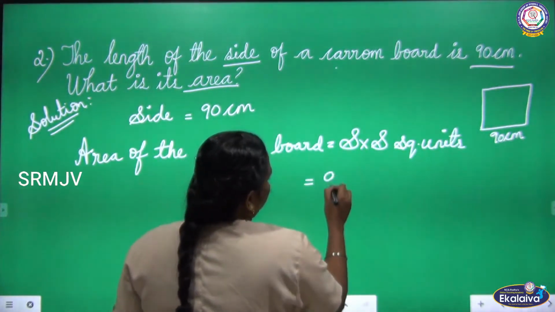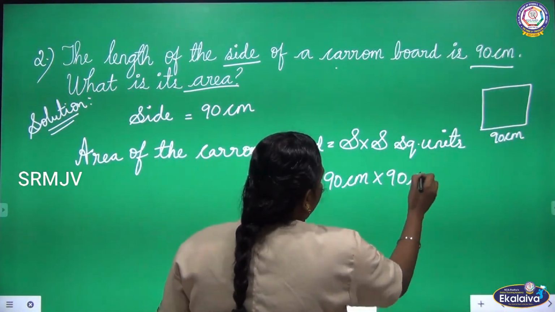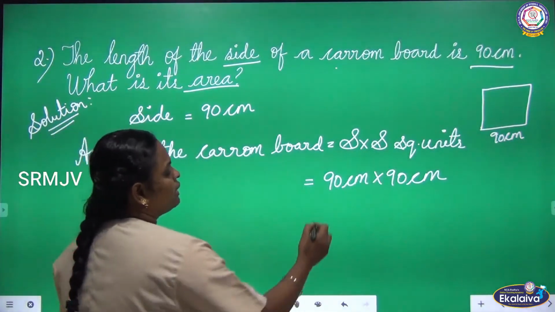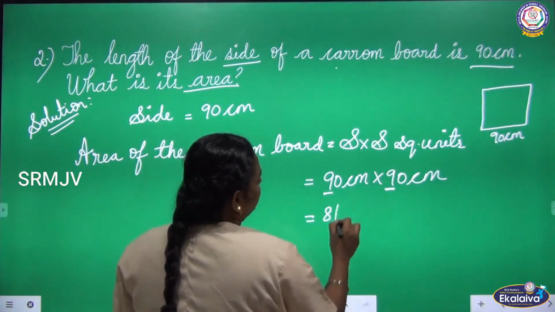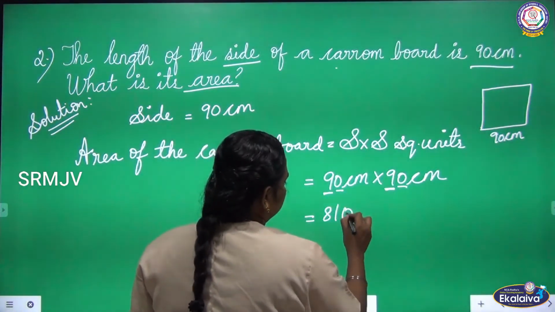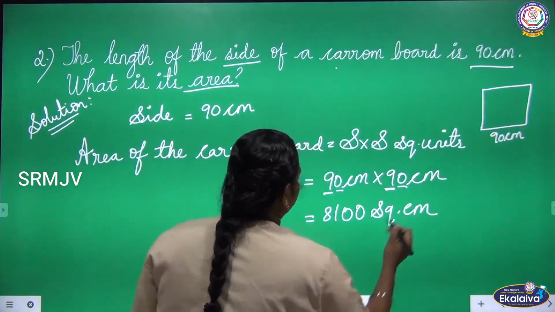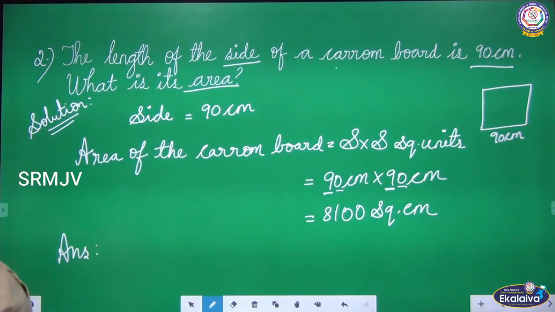So tell me, side is 90 centimeter into 90 centimeter. So you can multiply the numbers alone, then you can add the zeros. So 9 9s are 81, then you write the 2 zeros. So 8100 square centimeter.